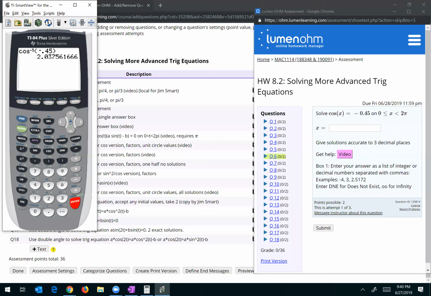So what I could do then is 2 pi minus that answer. And that's my second answer. So it's just a matter of recognizing where those are in the circle. All right?